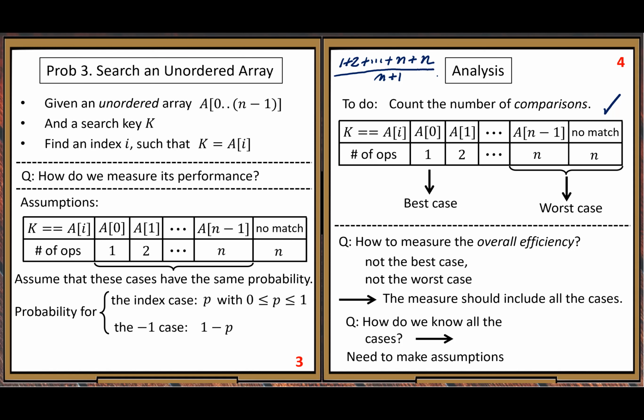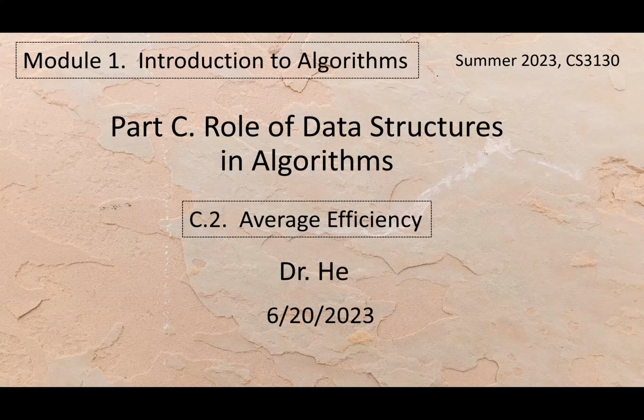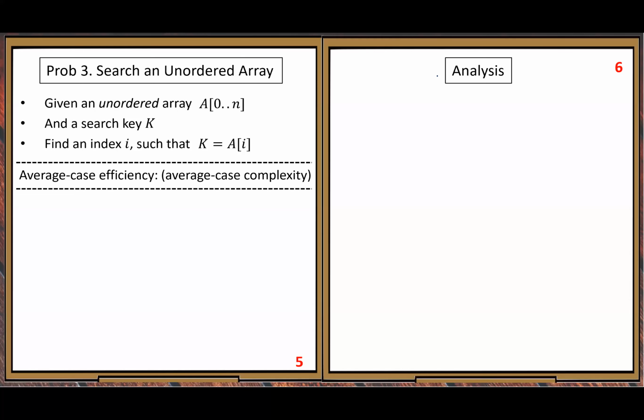So let's do our final version of the average case formula. C average, let's find the average efficiency formula.